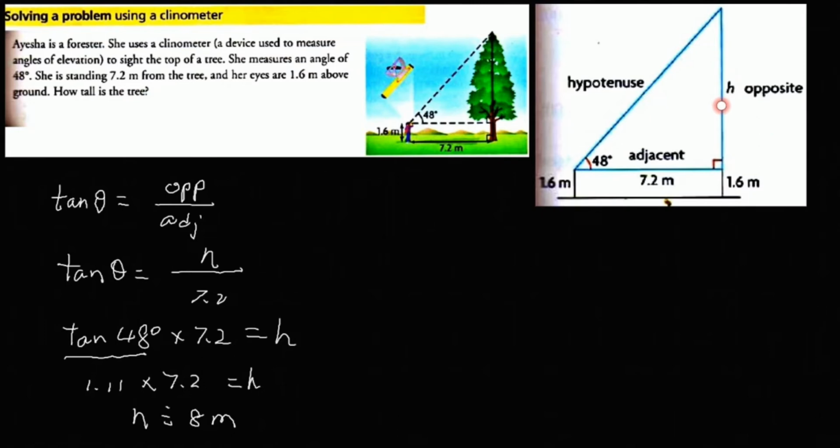So we should add the 1.6. So the height of the tree equals 1.6 meters plus 8 meters, 9.6 meters. So the tree is about 9.6 meters.